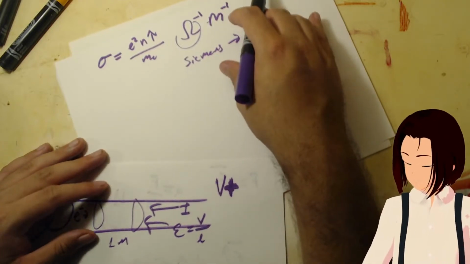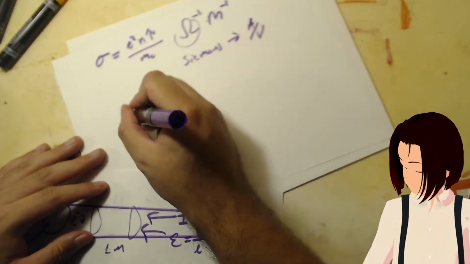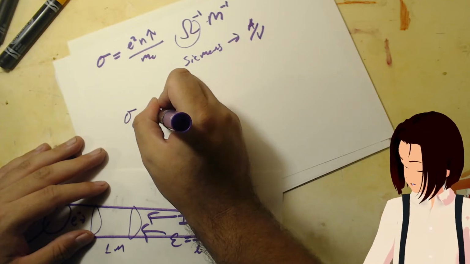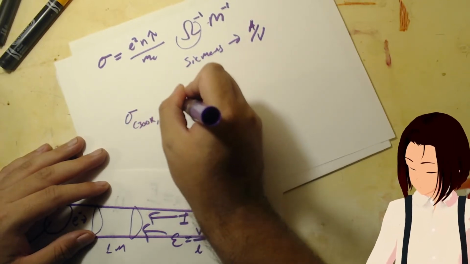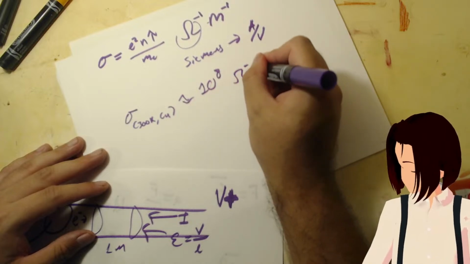To calculate the conductivity at 300 Kelvin for copper, it's about this number.